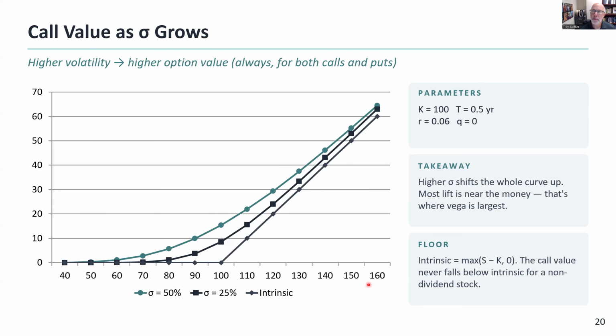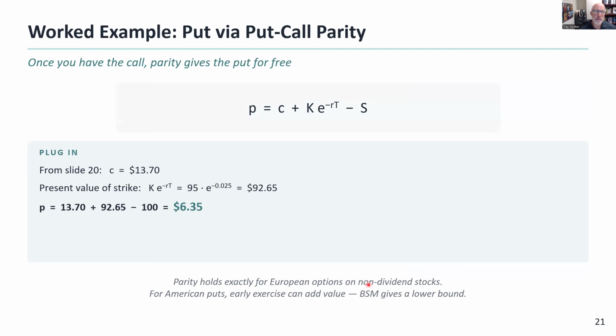Take a look at a worked example here. Let's say we have a call option. Once we have the call option priced, we can just use put-call parity from our prior discussions to reverse engineer, if you will, the value of the put option. And this is essentially what the Black-Scholes model does.